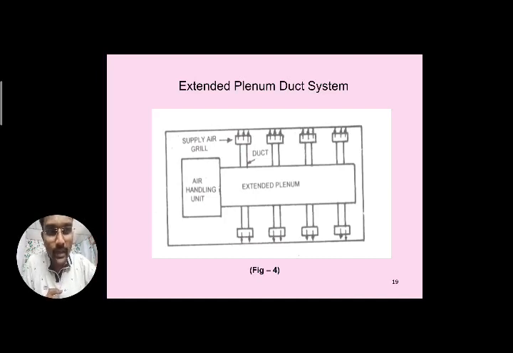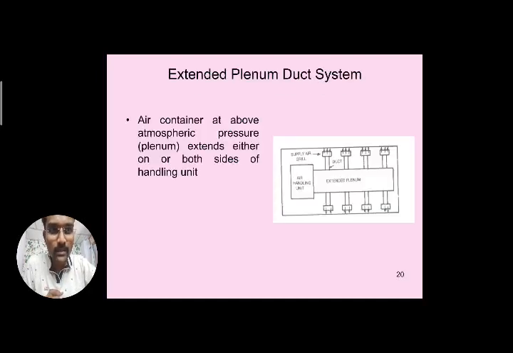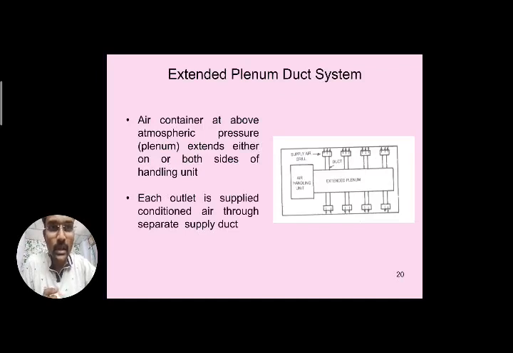At the ends of the ducts, again the supply air grills are provided. So this is regarding the extended plenum duct system. Let's see some points. The plenum is an air container at above atmospheric pressure, and this extended plenum extends on either side of the handling unit.